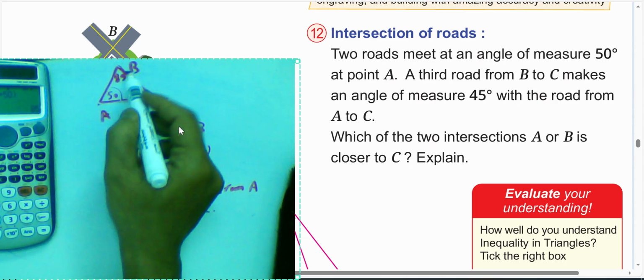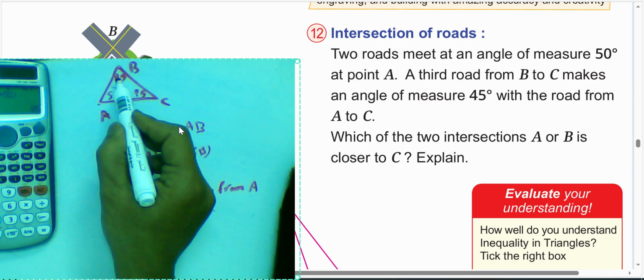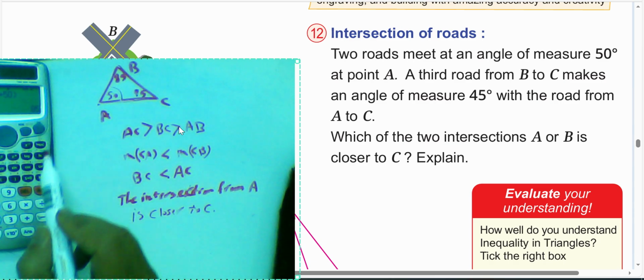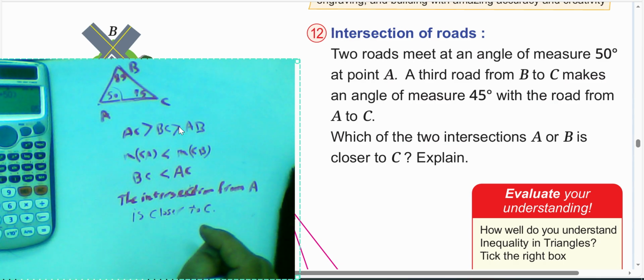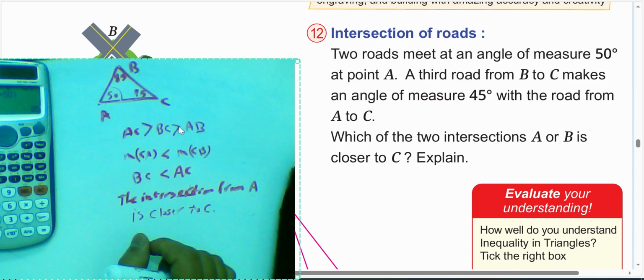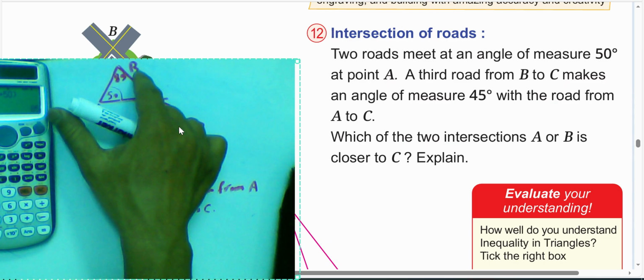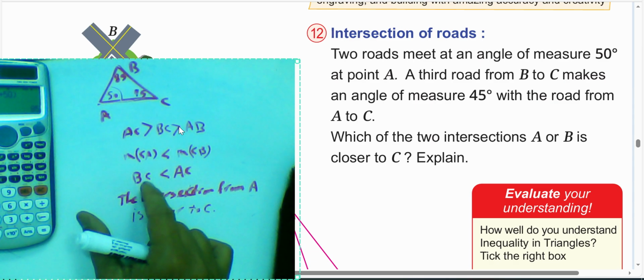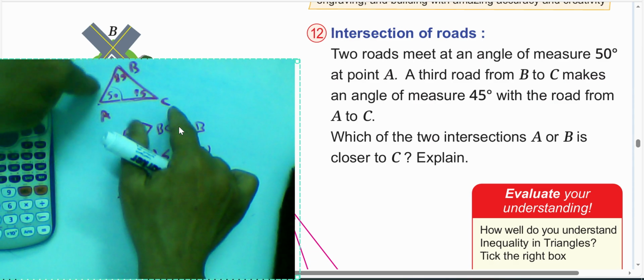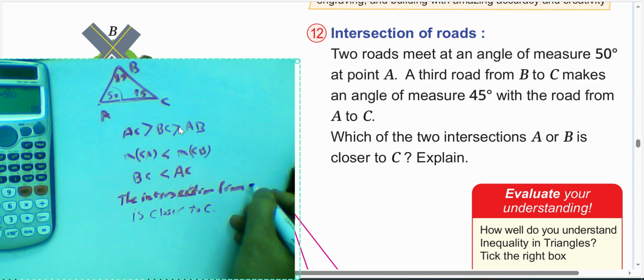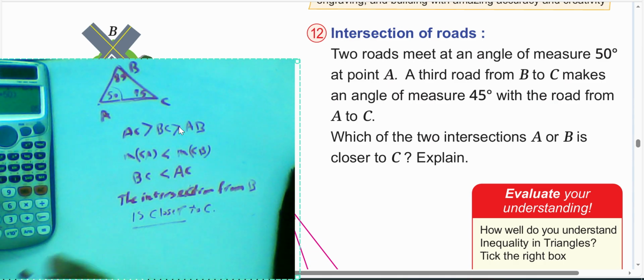We have 50 opposite BC and 85 opposite AC. Then which side is closer? From B, because this line segment BC, look here, BC is less than AC. So the intersection from B is closer to C. Intersection from B.